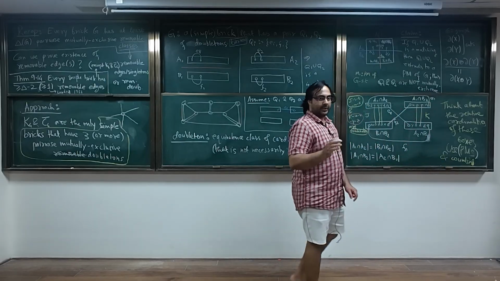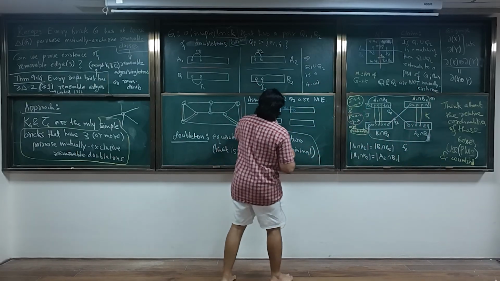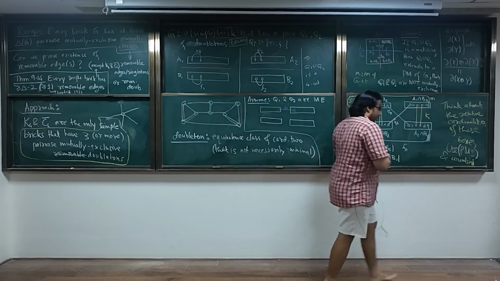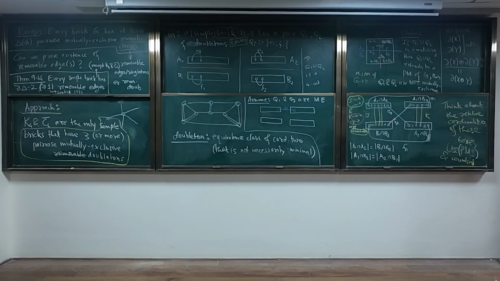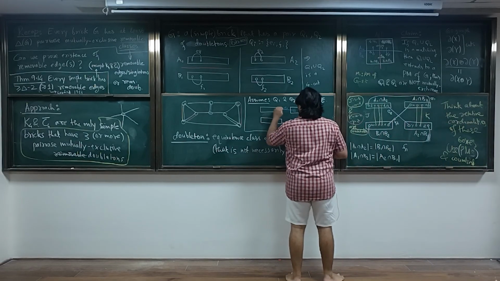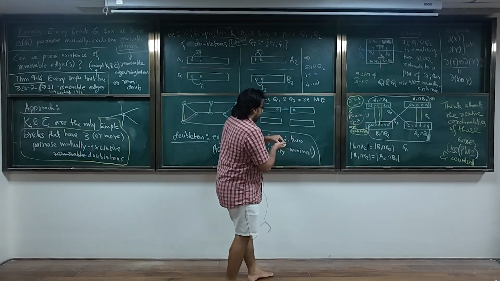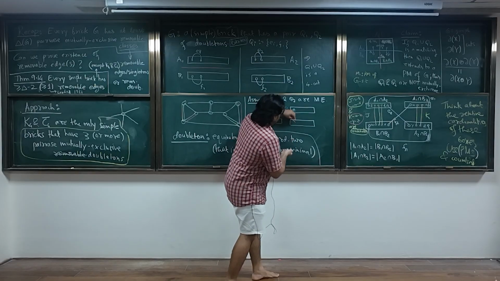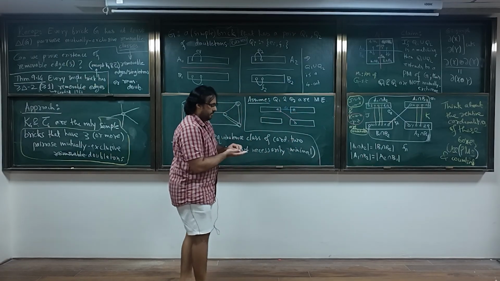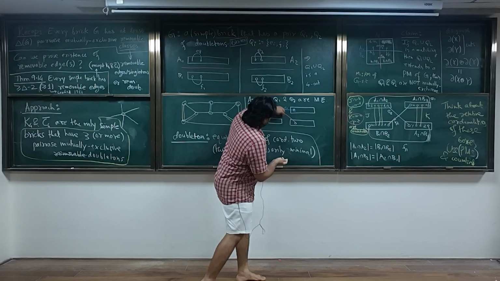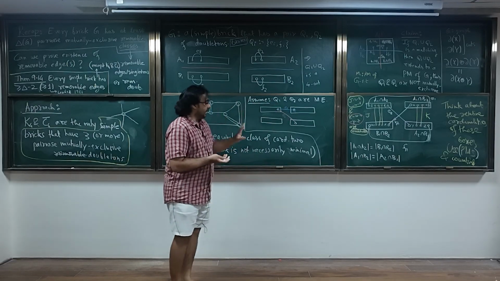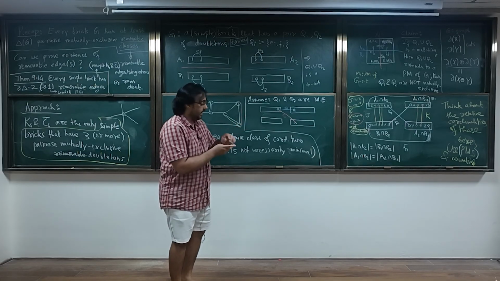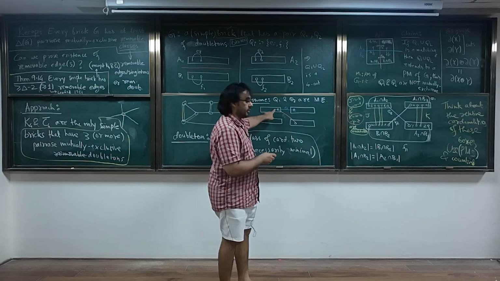Is that okay? Without loss of generality, I will make E1 and E2 adjacent. Maybe I'll put white vertices. E1 and E2 are adjacent. Okay? The other edges I am not going to draw because I don't know whether they are adjacent or not. E1 and E2 are adjacent, and I have put a common end over here.